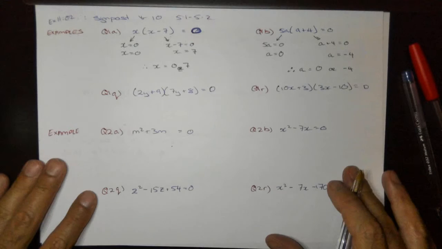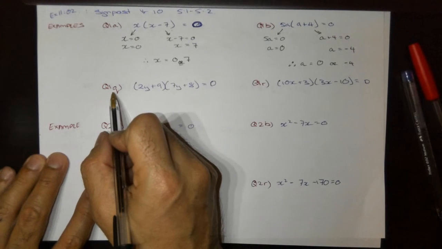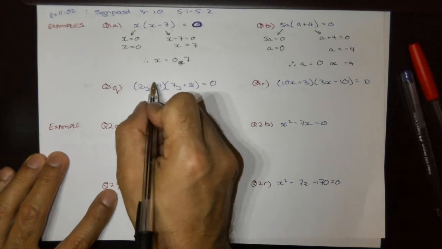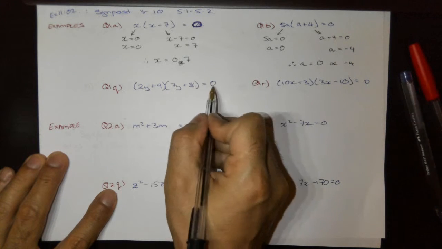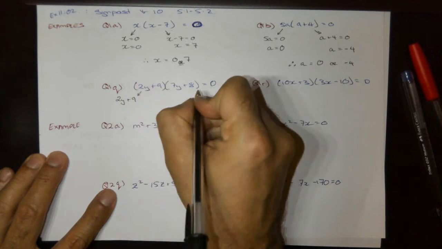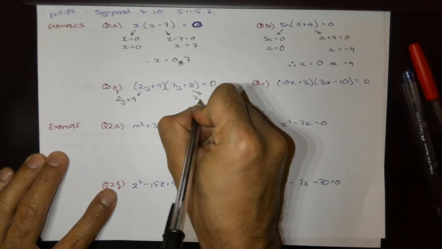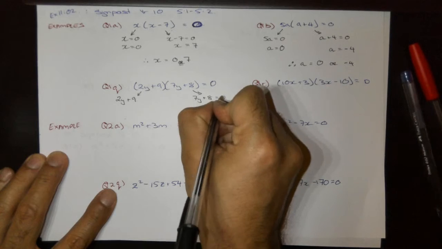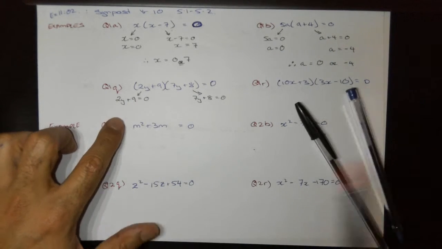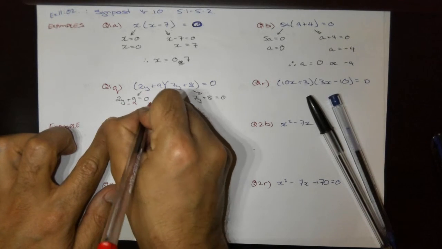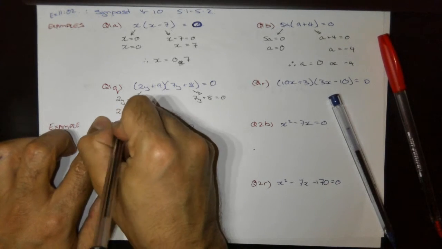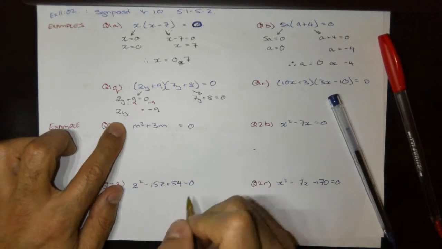Question 1Q, I jump right to the end of the question. I get some harder problems. We've got a number times another number has to equal 0. So this equals 0 or this equals 0. Now just solve. I'm going to minus 9 from both sides, and I get 2y equals negative 9.